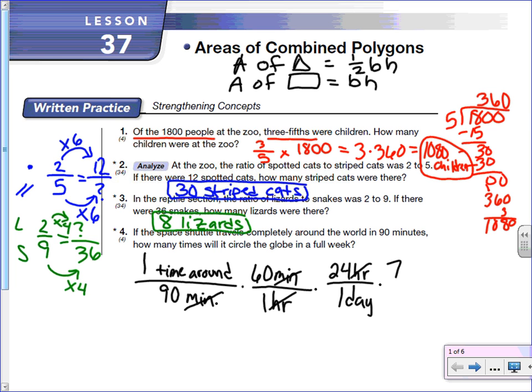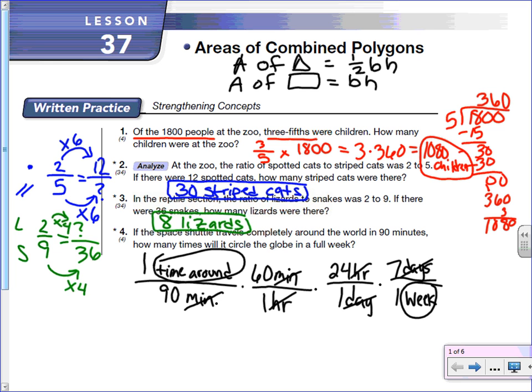And then we have 7 days per 1 week. So what I'm left with is times around per week, which is exactly what they're asking me. How many times do I go around in 1 week?